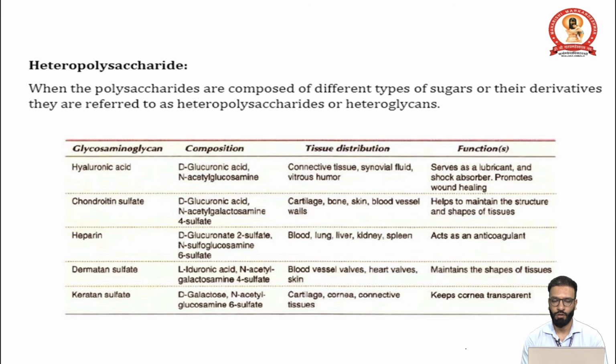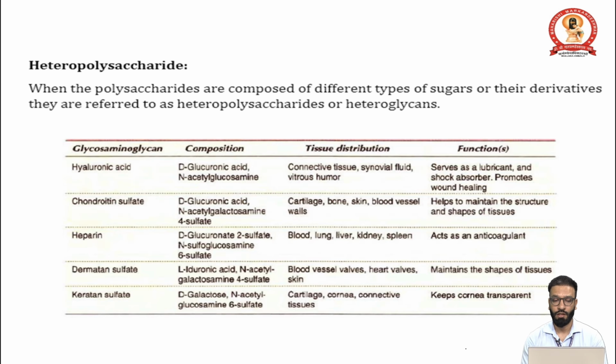For example, hyaluronic acid is found in connective tissue, vitreous humor, and joint synovial fluid. Every polysaccharide, whether homopolysaccharide or heteropolysaccharide, has different functions. The function of hyaluronic acid is to serve as a lubricant or shock absorber, and it sometimes promotes wound healing as well.